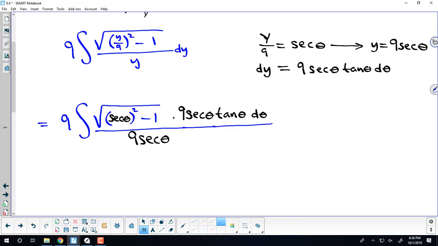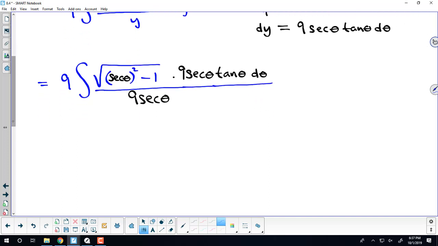Any questions on that? It's been like, what, 5 days since we last met and did this, so it might not be terribly fresh. So now's the time to ask questions. Okay, and we'll simplify this. So let's cancel, doesn't matter which ones, we'll cancel those two 9s. We'll cancel the secant theta, the secant theta.